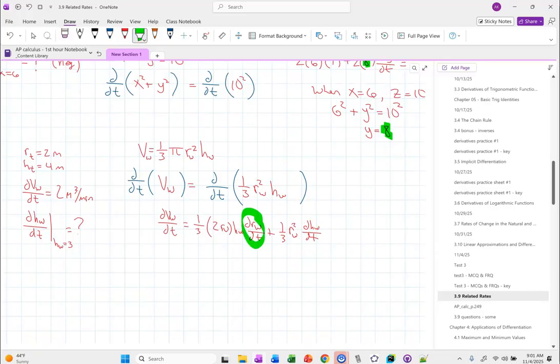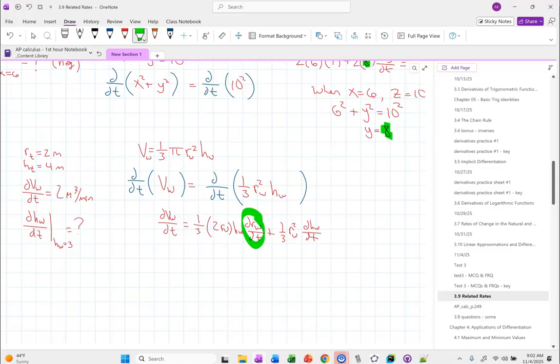But do we have this? We're not looking for that quantity, but we don't know it either. Guess what? We differentiated too soon. We have too many variables here, because we do not have dr/dt. There's no way for us now to get dr/dt.